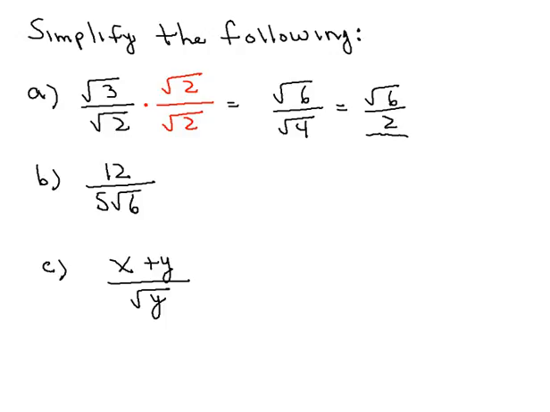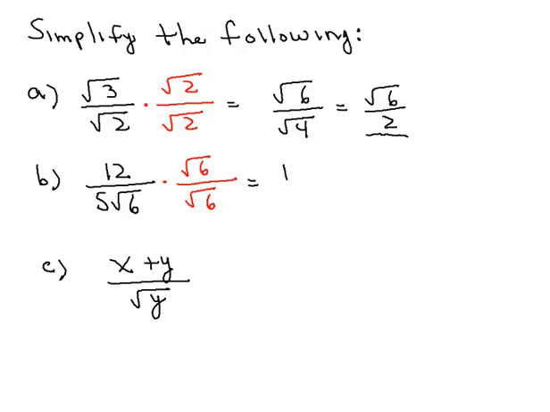Now for part B, can you anticipate what we'll need to multiply by here? I think you'll agree that multiplying by the square root of 6 in the denominator will produce a radical that has a perfect square. So we need to multiply the numerator by that as well.